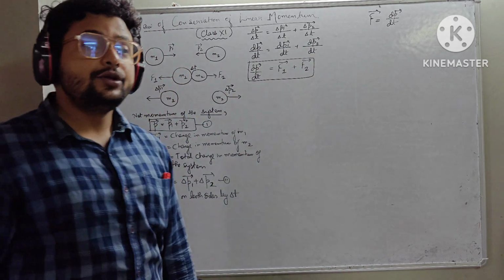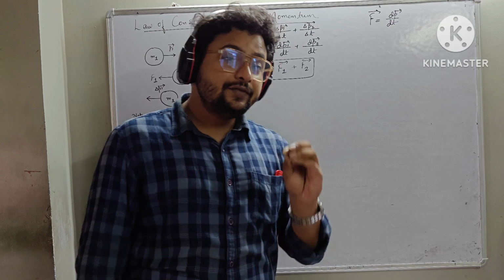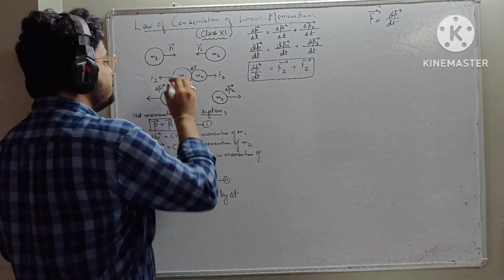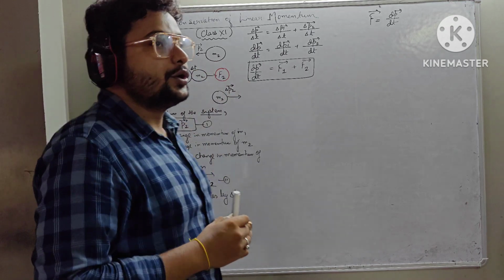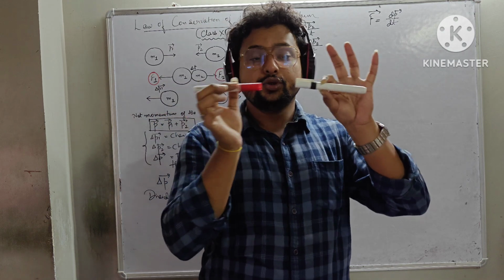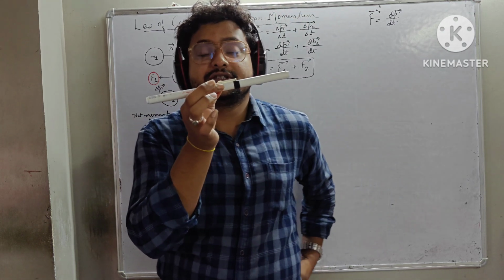Okay. Now you have to understand certain things. Just a few minutes ago I told you that I will be telling you what these forces F1 and F2 are. Now see, I consider that these two objects are part of a system when they are colliding.